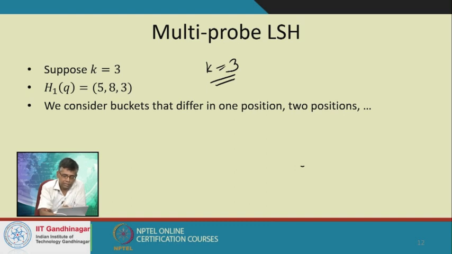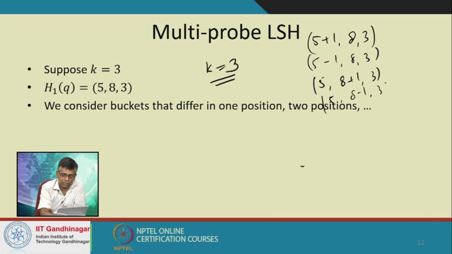Then the immediate next ones would be to look at 5 plus 1, 8, 3; 5 minus 1, 8, 3; 5, 8 plus 1, 3; 5, 8 minus 1, 3. You get the idea. These are buckets that differ in only one of the positions from the query bucket.